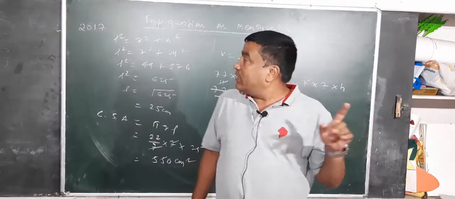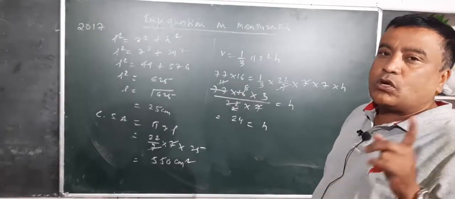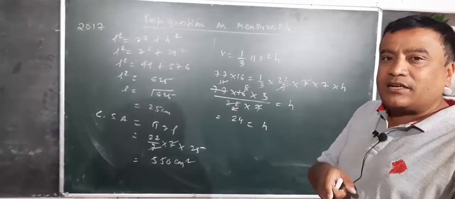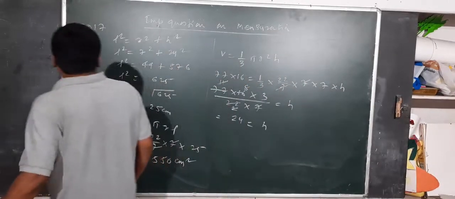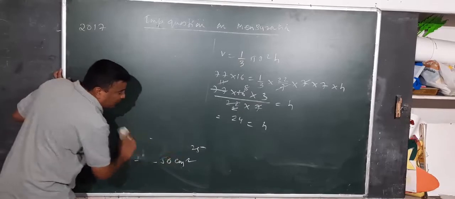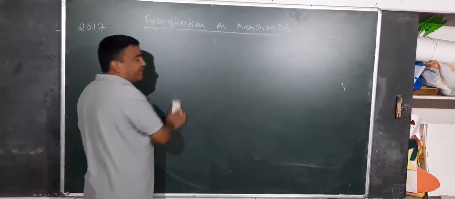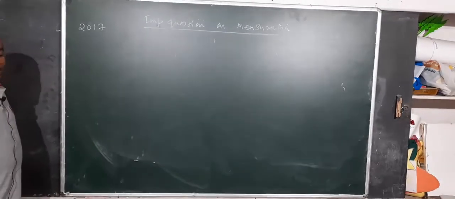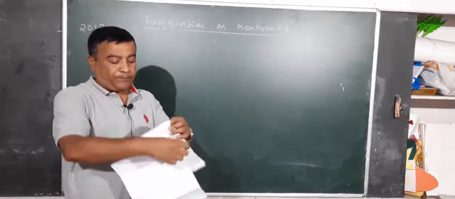Now with the help of this ICSE 2017 question, please try ICSE 2008. The question is there in your PDF. The next question I'll do is ICSE 2011. From here all the questions are similar and all the questions are important: ICSE 2011, ICSE 2005, ICSE 2016.